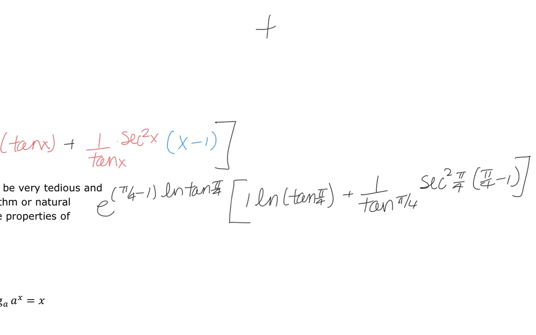The tangent of pi over 4 is equal to 1. The natural log of 1 is equal to 0.